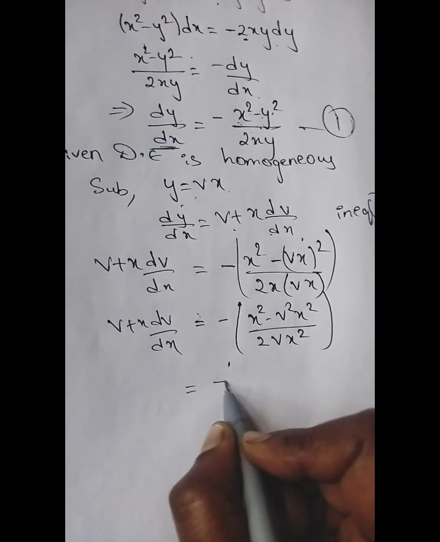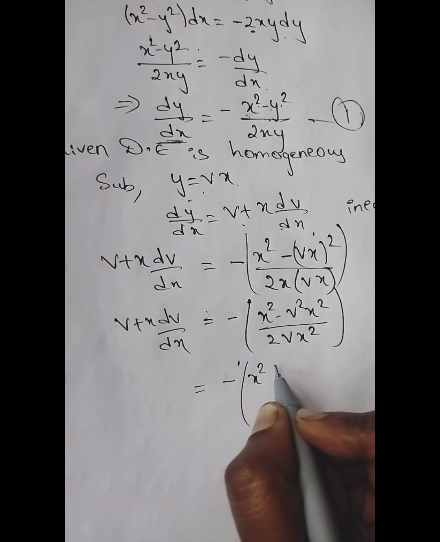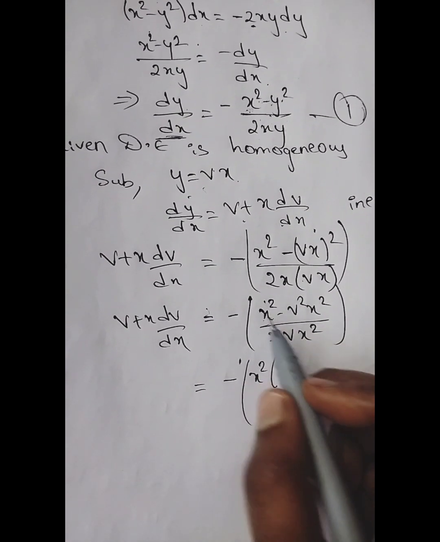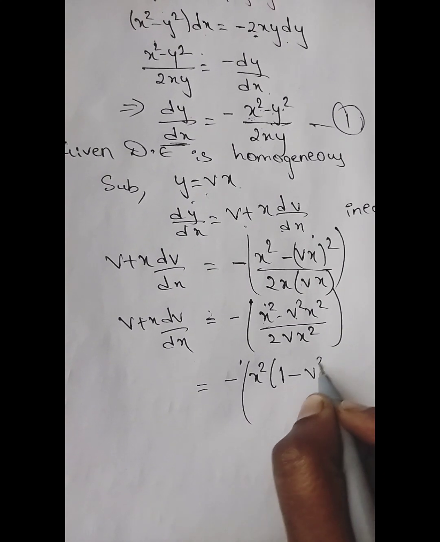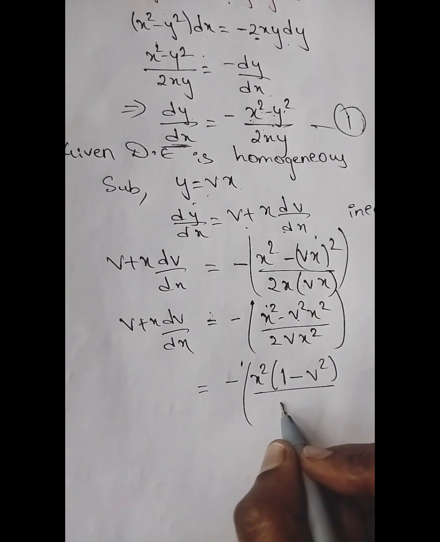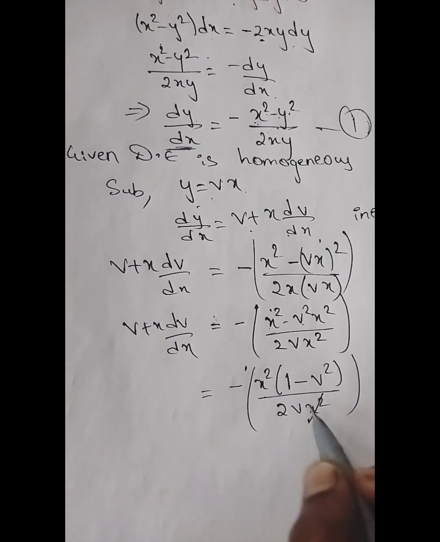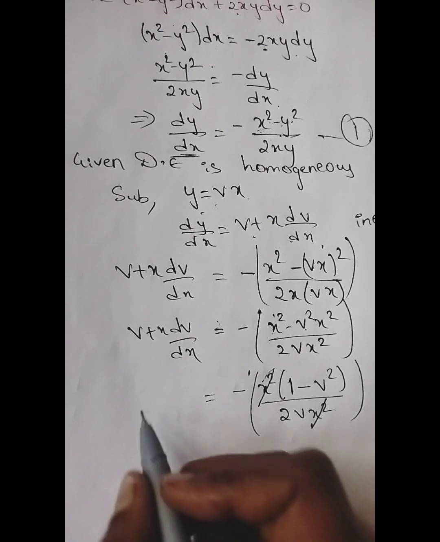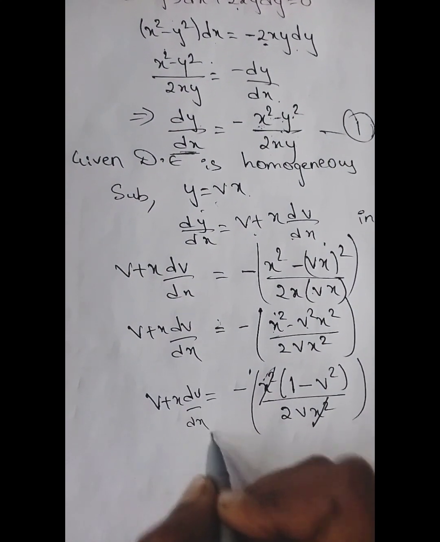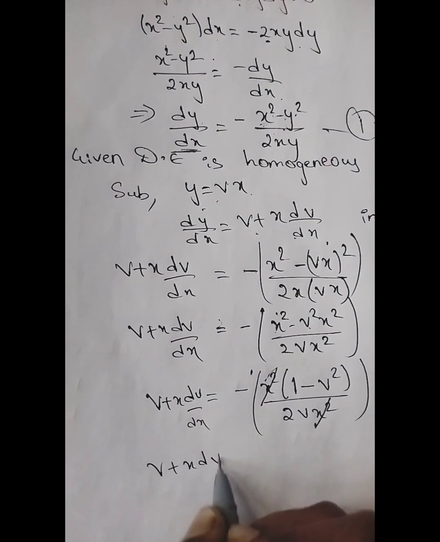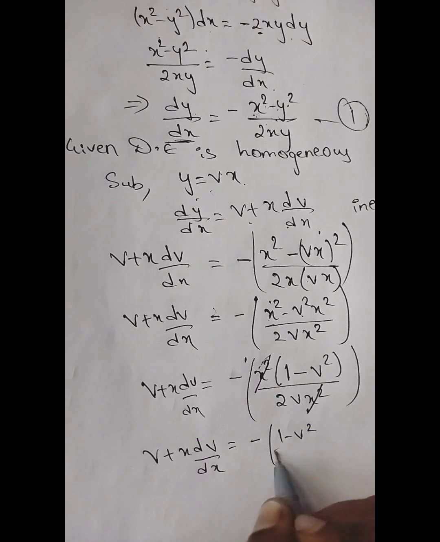Next, minus, I will take x square common here in the numerator. So what will be left over if I take x square common? 1 will be left over, minus v square divided by 2v into x square. Now this x square and x square get cancelled. So finally we will get v plus x into dv by dx equal to minus of (1 minus v square).